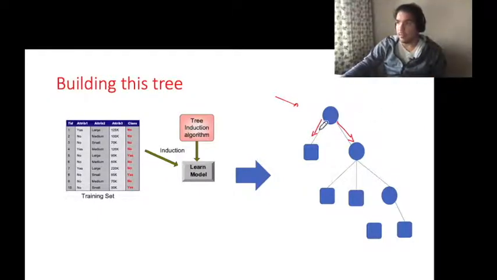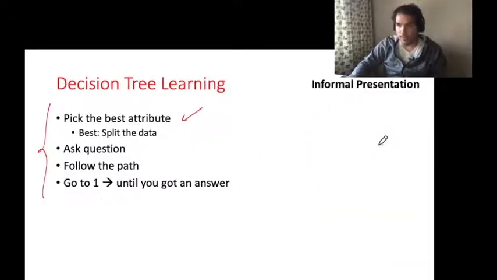So basically, to continue, we define the best feature, we ask the question, and then now we have to identify another feature. We follow the path and then we go back. Now we are going to repeat this process.